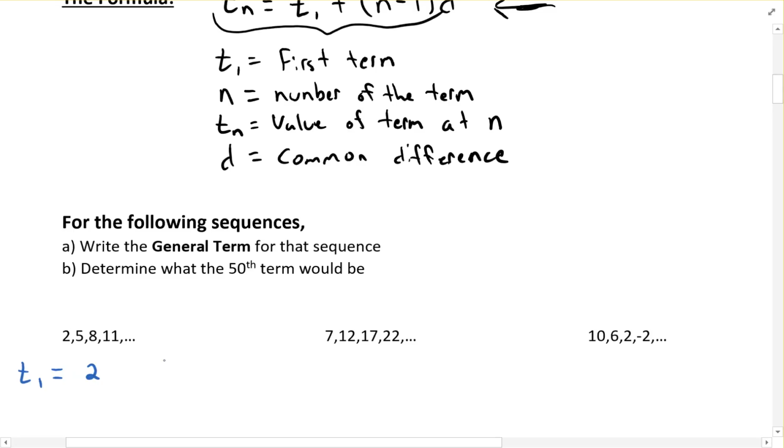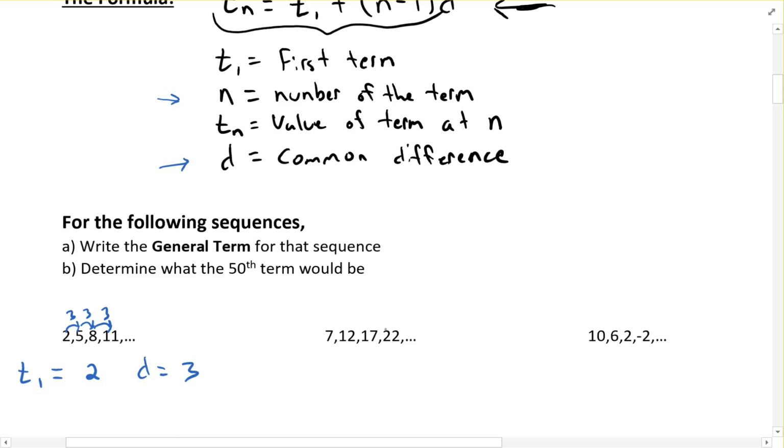Our formula is going to have an n because we could put anything we want in there, so we don't want to put anything in for that. Tn as well, we're not going to want anything. But common difference, that's the one that's going to be important to us. What is the common difference between these? I can see that these go up by 3 every time, right? So that's our common difference, positive 3. So d is equal to 3.